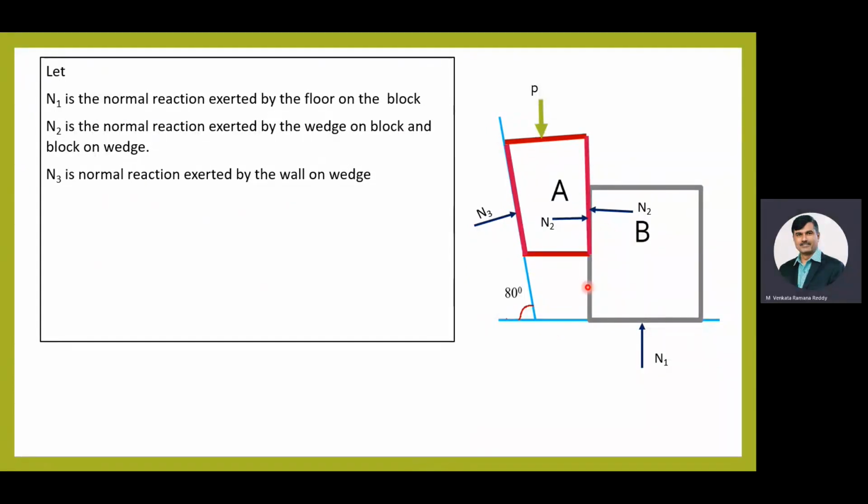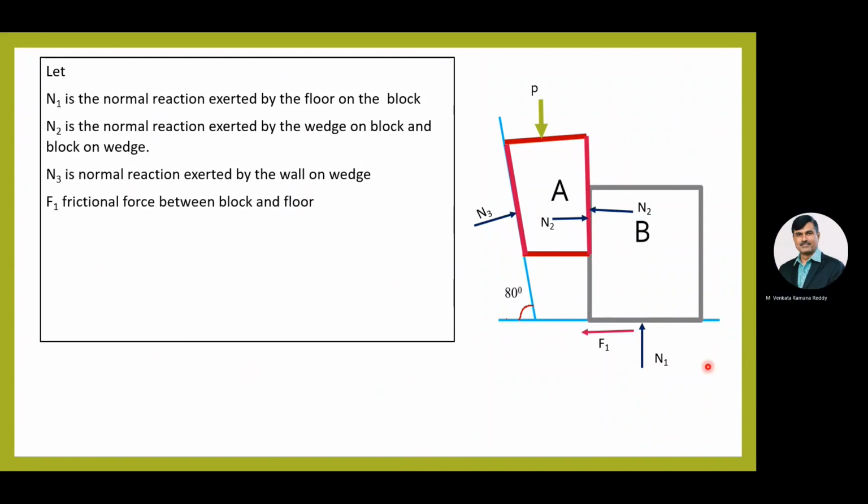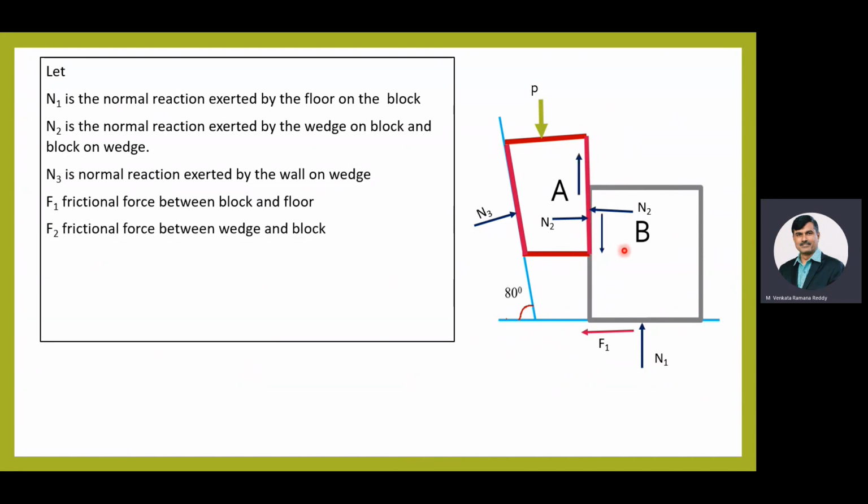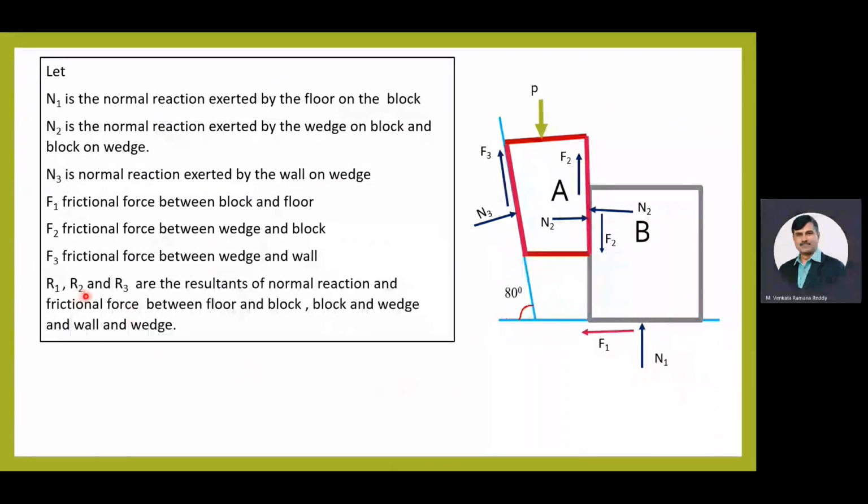F1 is the frictional force between the block and the floor, and F2 is the frictional force between the block and the wedge. F3 is the frictional force between the wall and the wedge. R1, R2, R3 are the resultants of normal reaction and frictional force between floor and block, block and wedge, and wall and wedge.